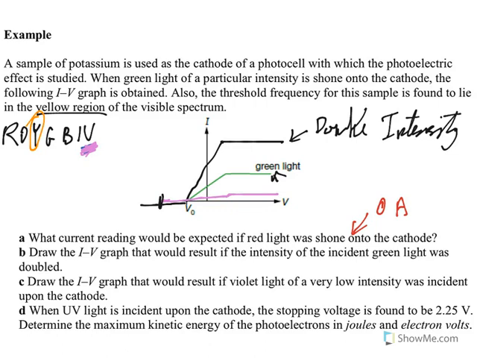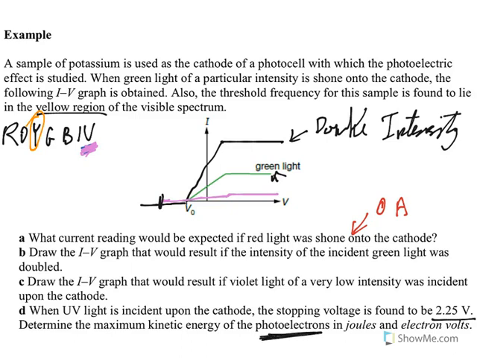Alright, when a UV light is incident on the cathode, the stopping voltage is found to be 2.25 volts. Determine the maximum kinetic energy of the photoelectrons in joules and in electron volts. Well, let's do the electron volts one first, because that's the easy one.